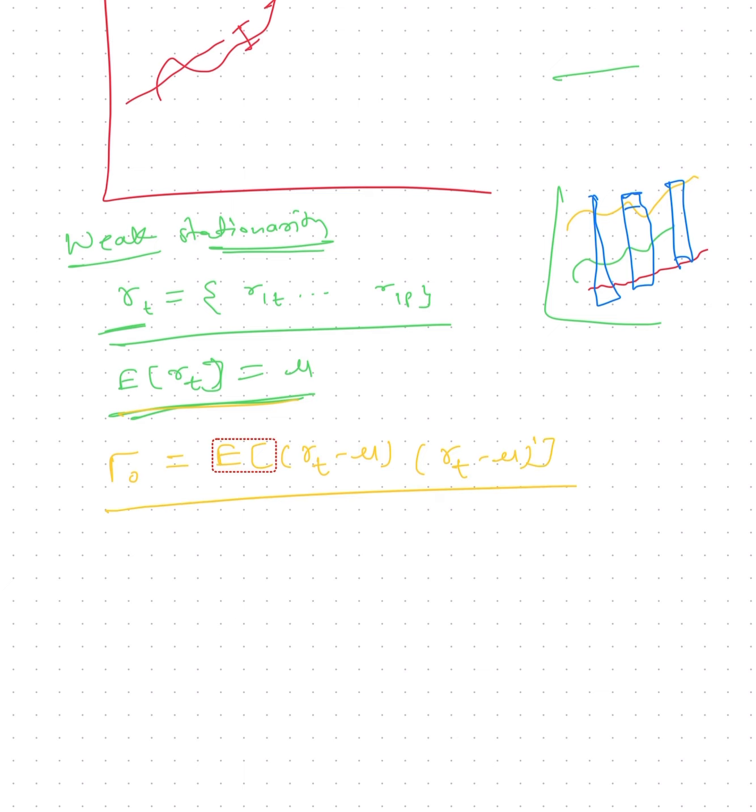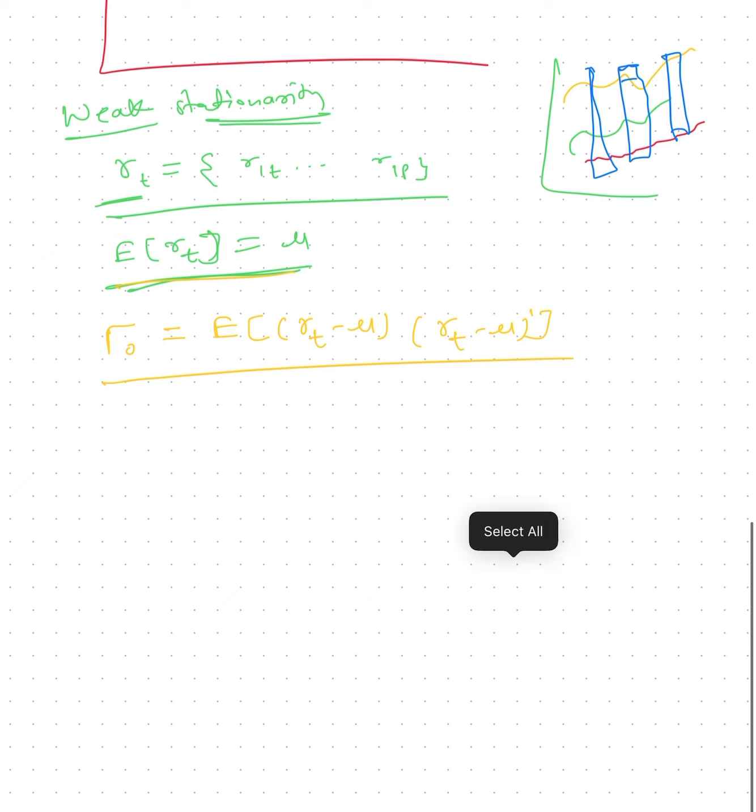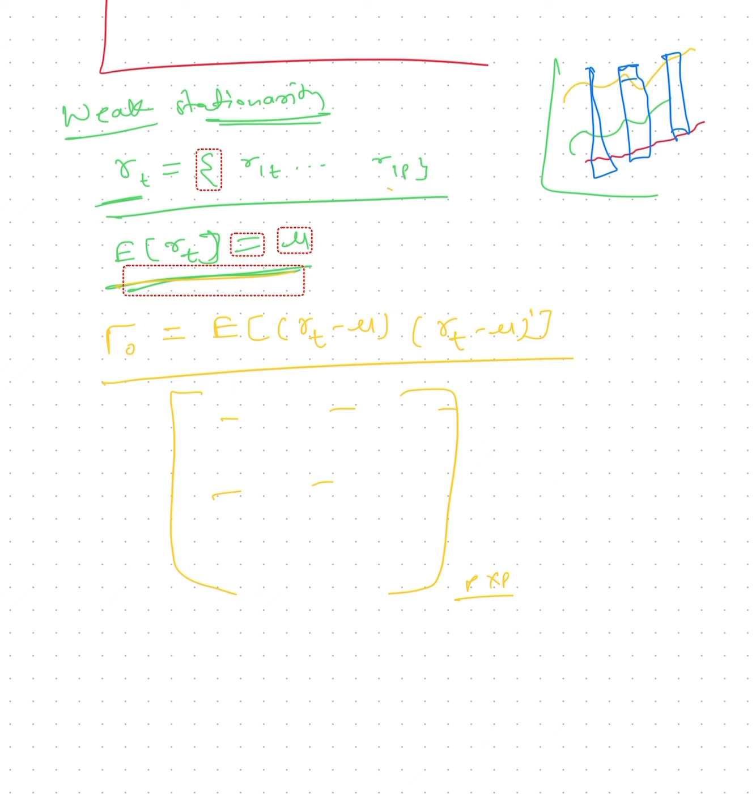This is the general formula of the covariance matrix. Obviously it will have a covariance matrix structure with all the terms. I think it will be a P into P matrix, because we are considering P lengths, P time periods. So we have a constant mean, and a finite covariance matrix exists.